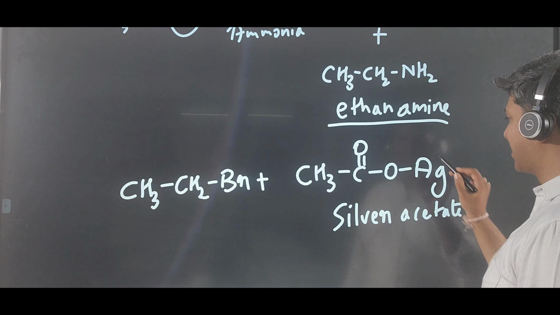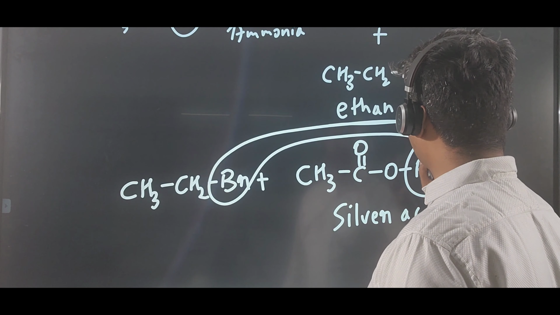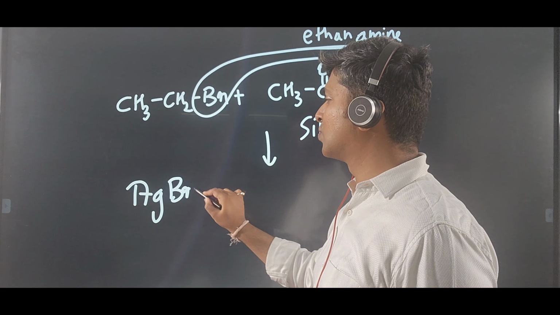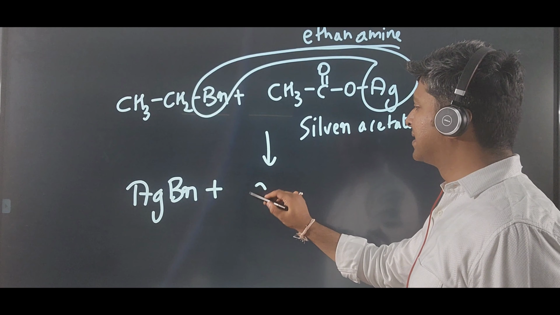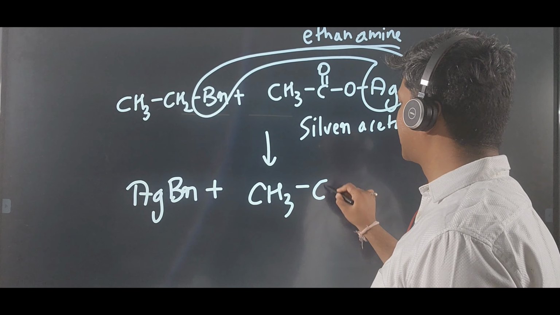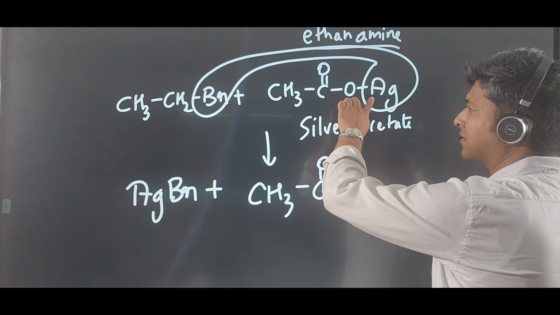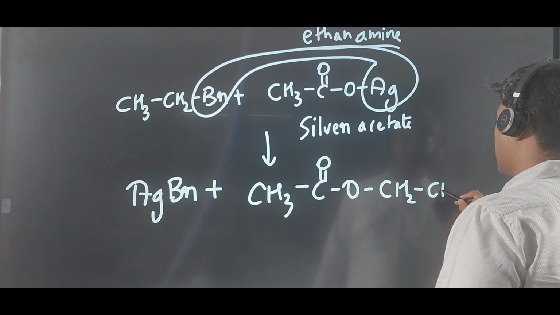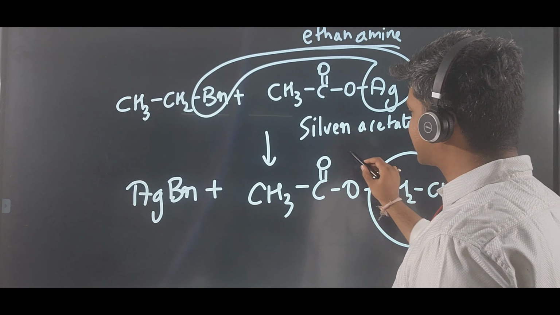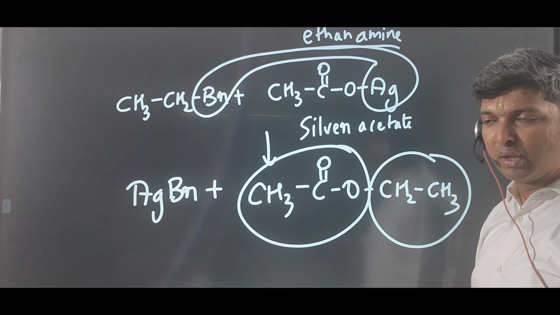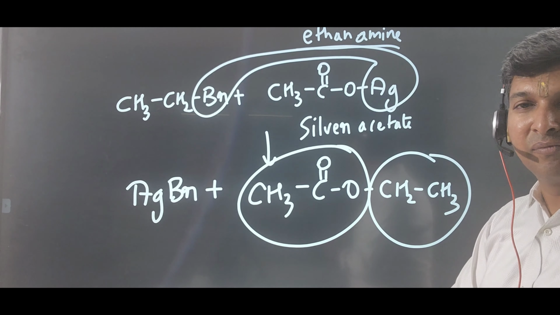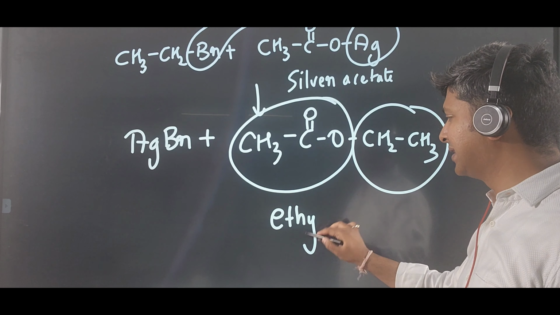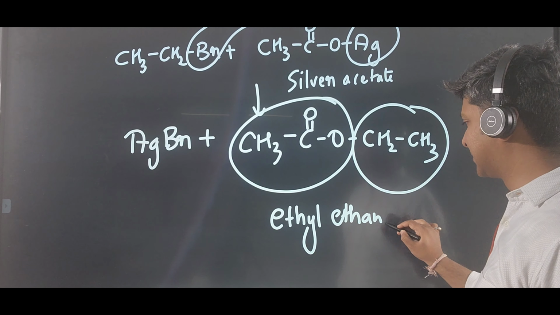And you must have guessed it by now that Ag will combine with Br to form AgBr, and the remaining things will get connected automatically to form CH3, I'll copy paste from here, CH3C double bond O. After this O, जहां से तोड़ा है वहीं से जोड़ना है, CH2CH3. So this is the alkyl part of an ester, and this is the alkanoate part of an ester. So alkyl alkanoate is the IUPAC name for esters. So this is ethyl ethanoate.